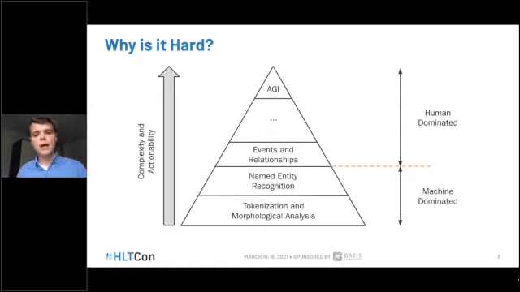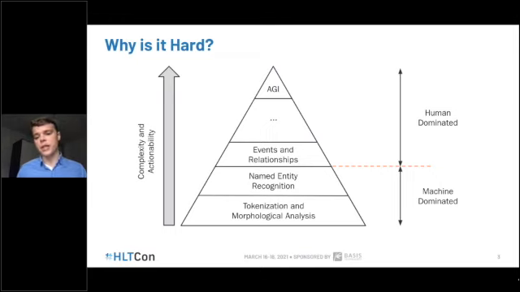However, as we move up this pyramid, each new layer requires reasoning about the layers beneath it. So for example, for named entity recognition, you need to look at the sequence of tokens in a document and say, okay, well, we think that these specific tokens represent a person, or these specific ones represent an organization, and so on.